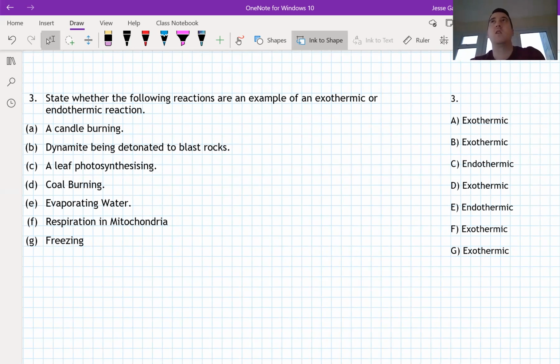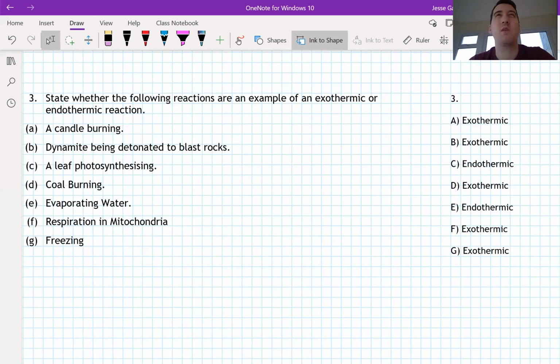Evaporating water. So, what is evaporation? On 3, say the answer to the screen. 1, 2, 3. Okay, I'm hoping that you said evaporation is turning from a liquid to a gas. Now, what happens to the temperature? Think about it.